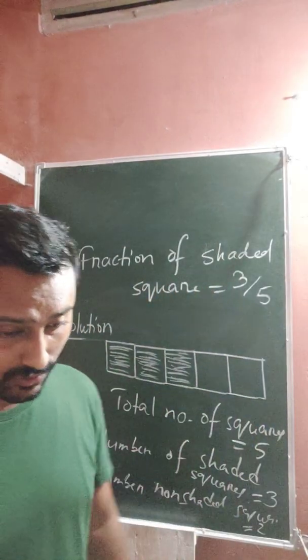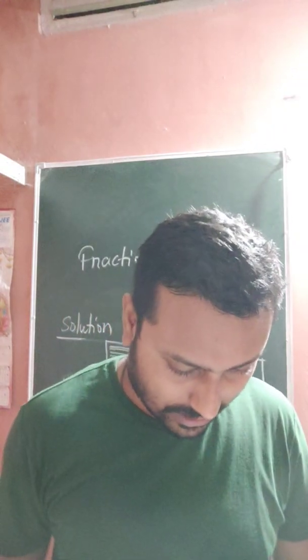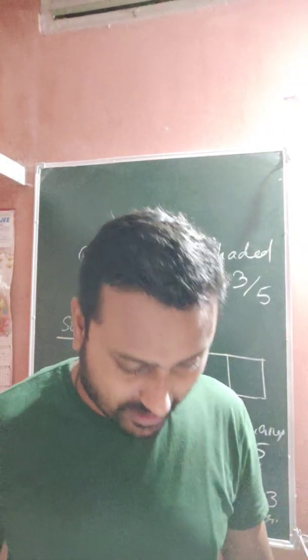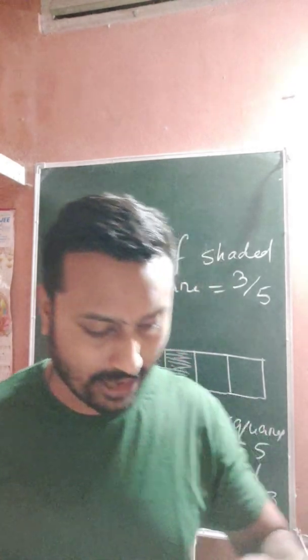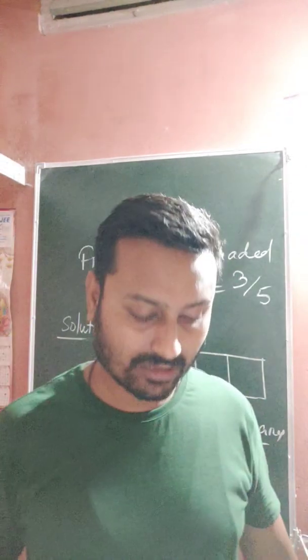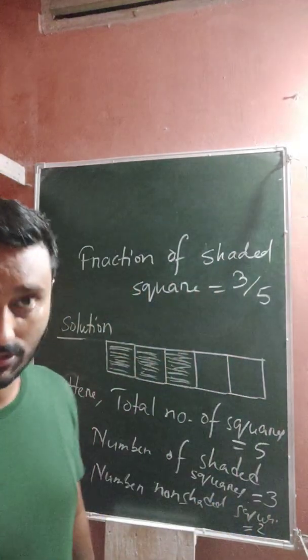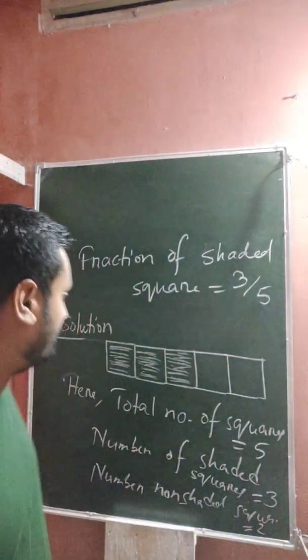Okay, so what is the next one? 2 by 7. So 2 by 7, 1 by 9, 5 by 7 and E. Okay, I will solve question number D. Question numbers B, C and E are the homework. Okay, question number D is 5 by 7.